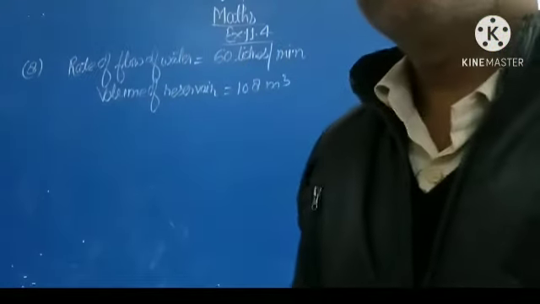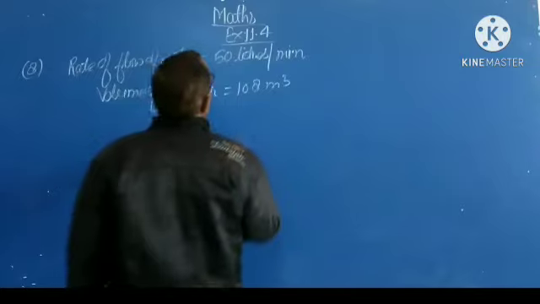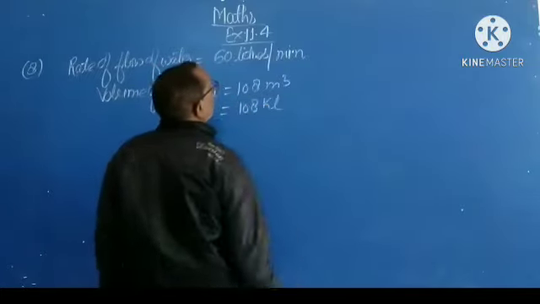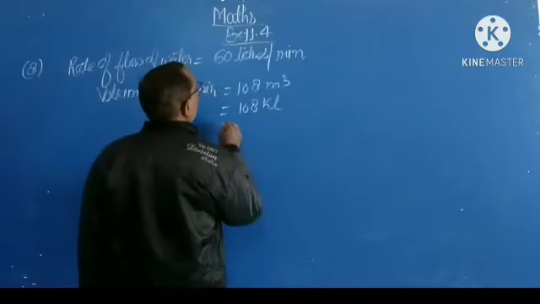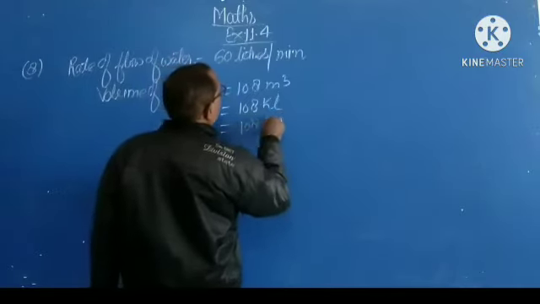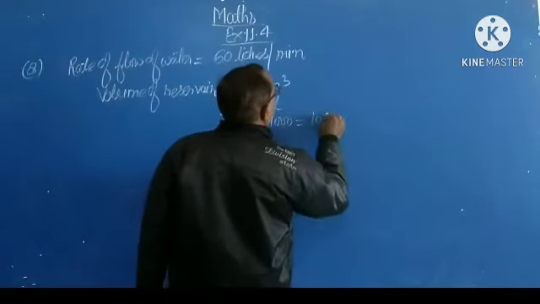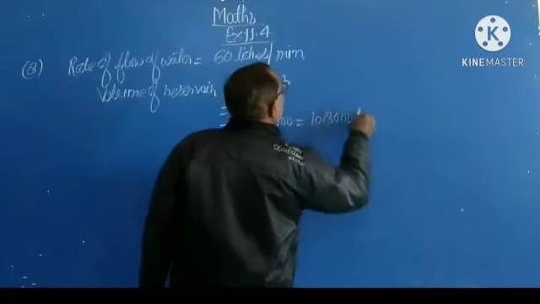You convert this into liter. You write down 108 kiloliter. 1 meter cube is equal to 1 kiloliter. Then you write 108 into 1000. You get 108,000 liter.